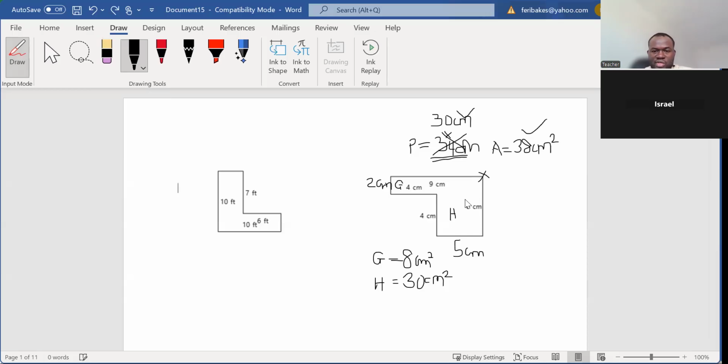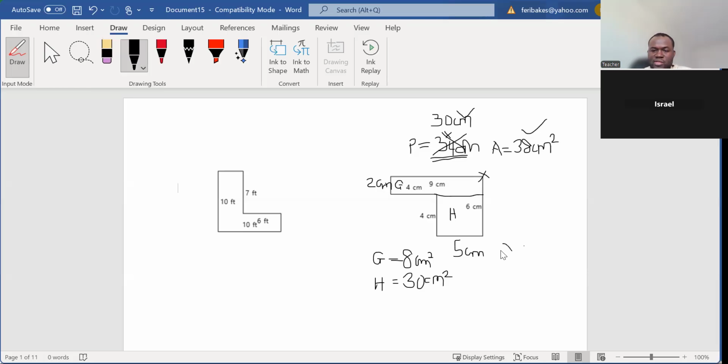Sorry, my line is not straight. So let's just say this is the way I cut it. So that means I'm going to have this as my G now and this as my H. So my G is going to be 2 multiplied by 9, right?